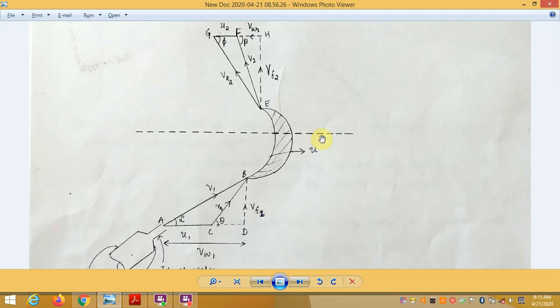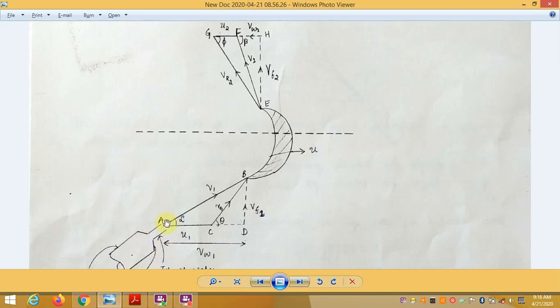Let d be the diameter of the jet. So this jet is there, this diameter. Then A be the area of cross section of the jet of the pipe.